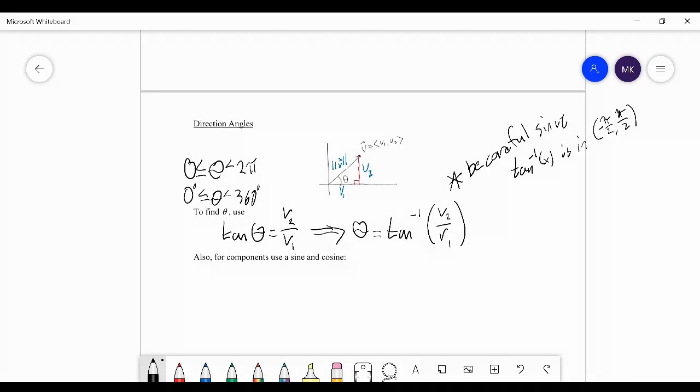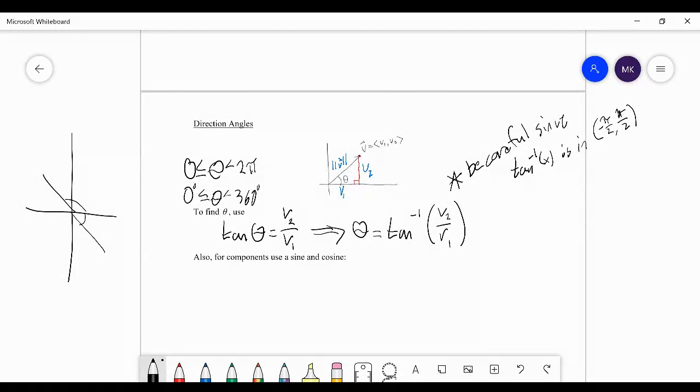So when you're doing this, if we give you some vector, you may have to think, let's say I give you this vector here, and I say, what's this angle? Well, when you do inverse tangent, it's going to give you this negative angle. And so you'll have to figure out what the actual correct angle is.